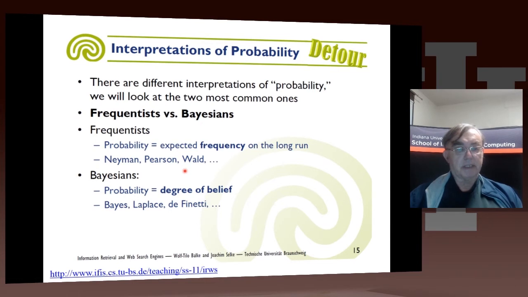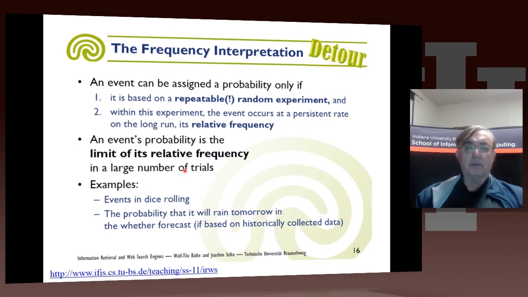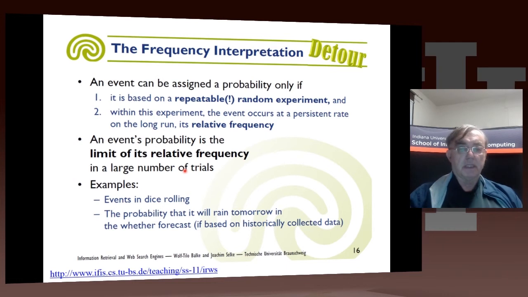That's the Bayesian view. The frequency view requires us to be able to keep on doing experiments. These experiments are random, and we can keep counting the number of times an event occurs. Then the probability is the limit of this frequency in lots of trials.